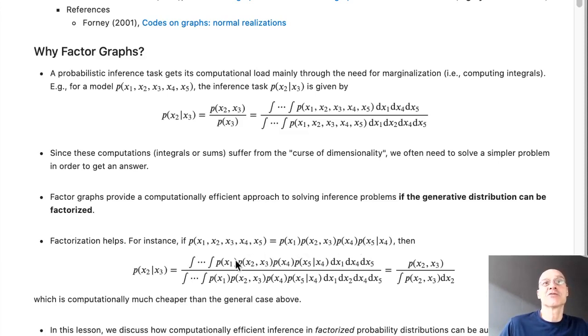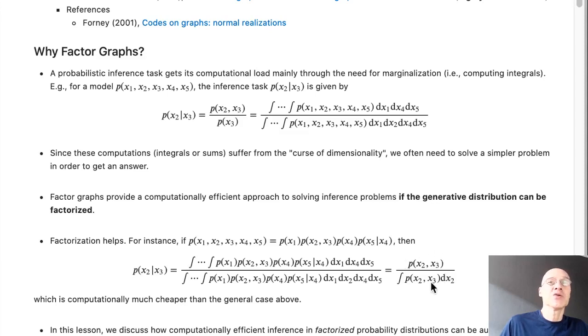For instance, if I now fill in this factorized structure as the joint here, then I need to integrate over dx1, but x1 is only in this term, and the integration of P of x1 over dx1 is just 1, so it falls away. And in the end, this is all I need to compute.